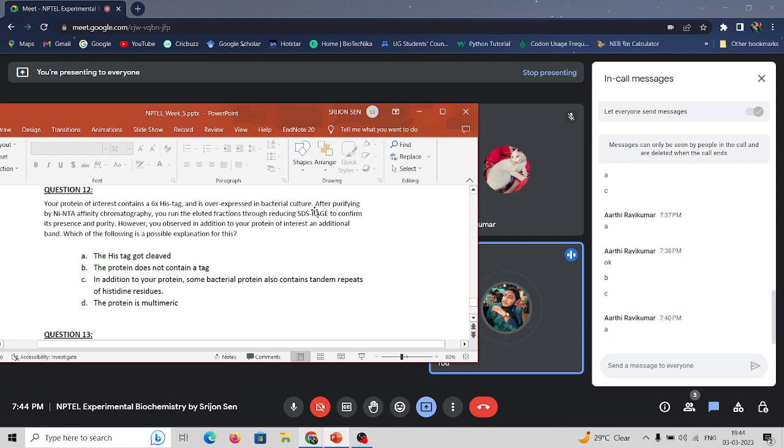So the His tag actually binds to a nickel NTA column. So what could be the reason that you're getting another band? It means you're also getting that protein as well. So what could be the reason that this protein is also binding to your nickel NTA column?